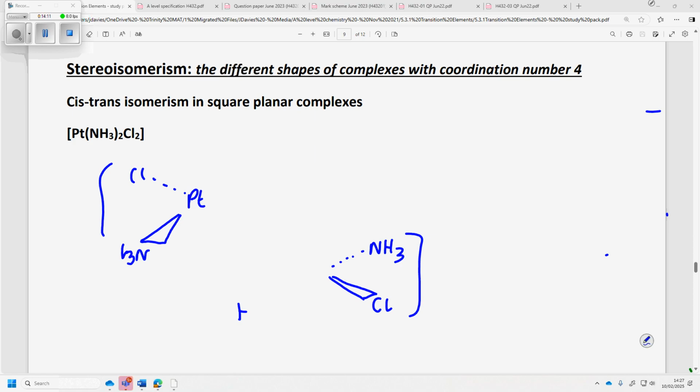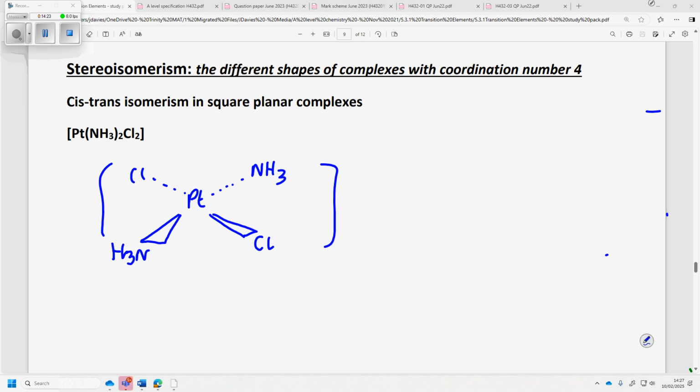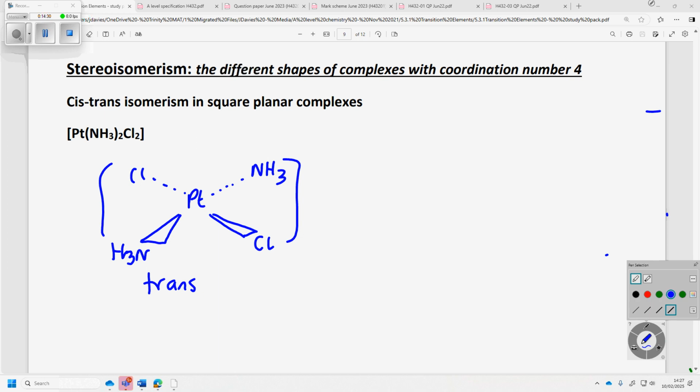What I'd like to do is think, is this cis or trans? Trans, because if I look at the chlorines, they are 180 degrees away from each other. They're across the complex. Or I could be looking at the 2 ammonias, they are across the complex. Trans meaning across.